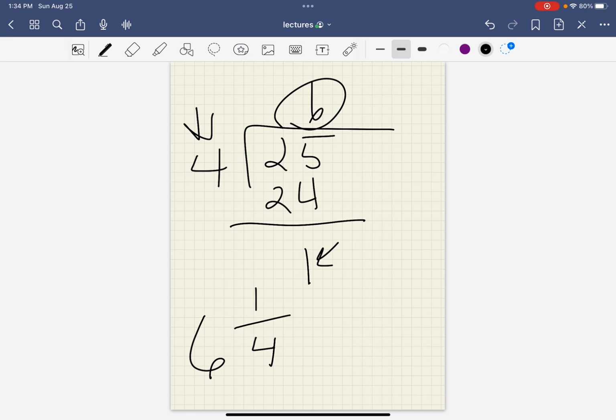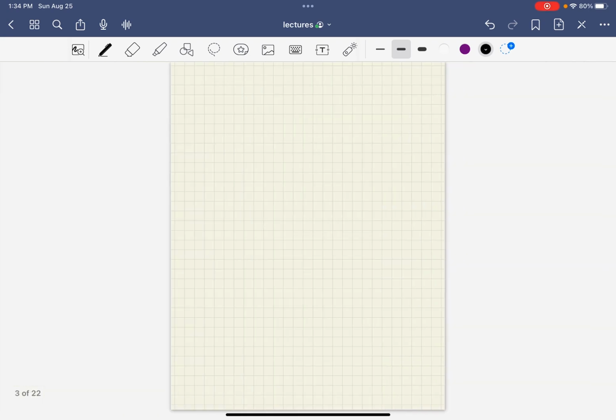All right, on the next page, it says, what percent of the circle is shaded? Well, let's first of all start with what fraction of the circle is shaded. That would be 1/3 of it, correct?